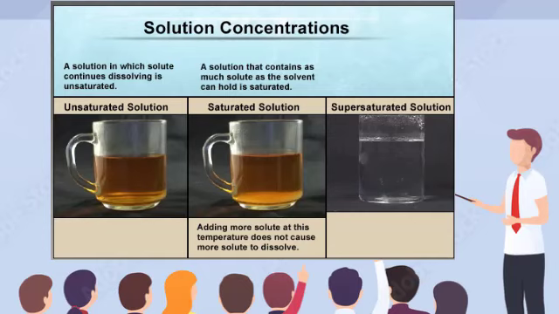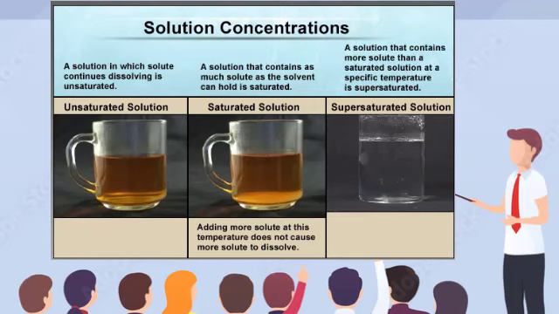However, a solution can sometimes be supersaturated, meaning that the solution holds more solute than a saturated solution at a specific temperature. Supersaturated solutions occur only under manipulated conditions, when the temperature of the solvent is raised to allow more solute to dissolve.